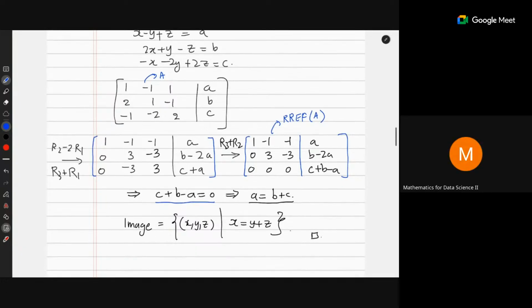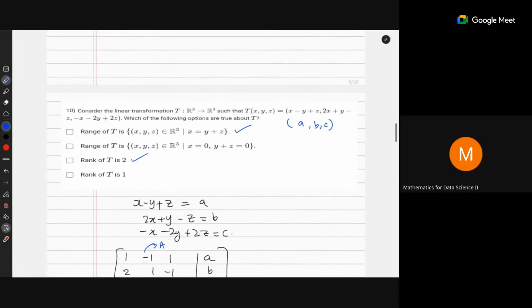So what may happen is this row might not be 0. And when will that be the case? When nullity is not equal to 0. Sorry, nullity is 0, right? In that case, when nullity is 0, rank will be 3. So the answer would be all x, y, z in R3.